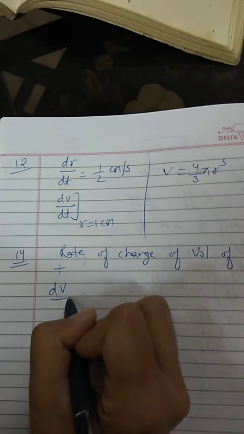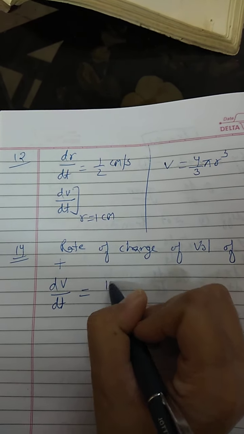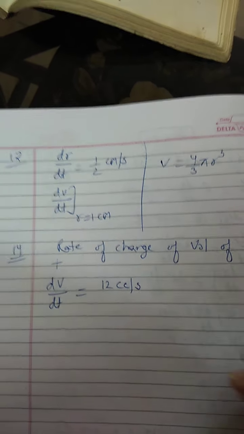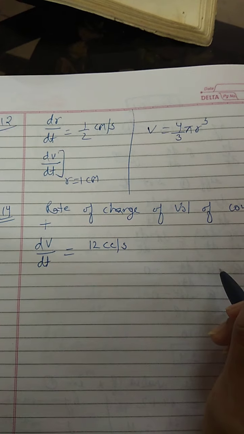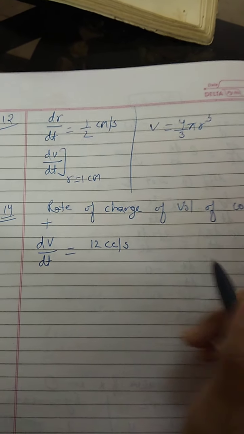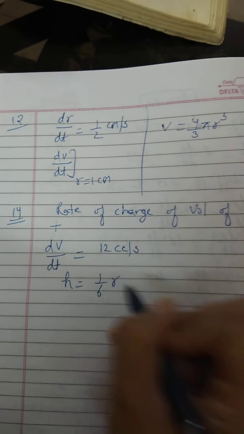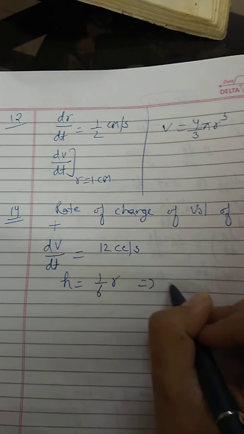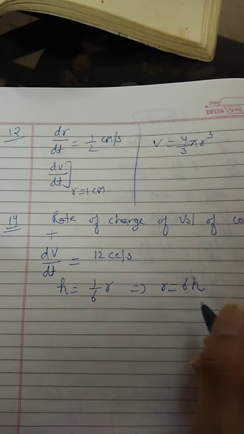So if I write down, dV by dt is given here as 12 cc per second, and the next important thing given is, the height of the cone is always 1/6 of the radius of the base. So height is always 1 by 6 times the radius of the base. It implies the value of r can be substituted here as 6h.